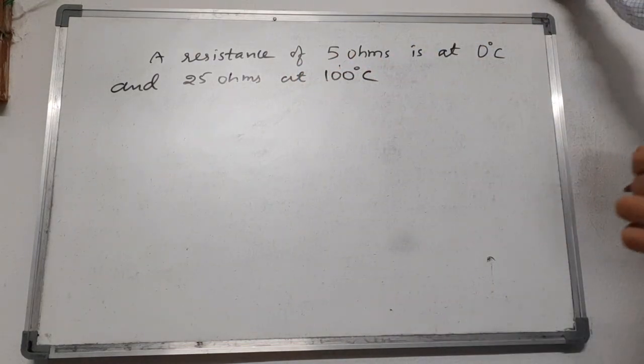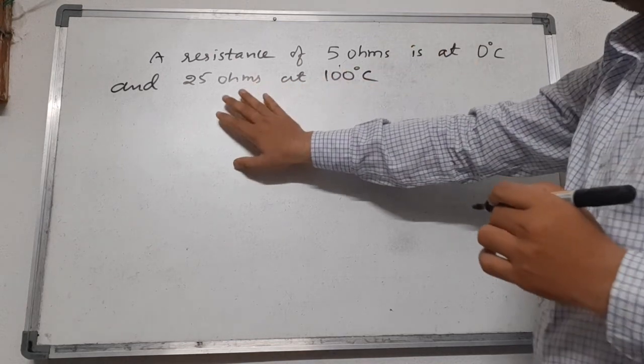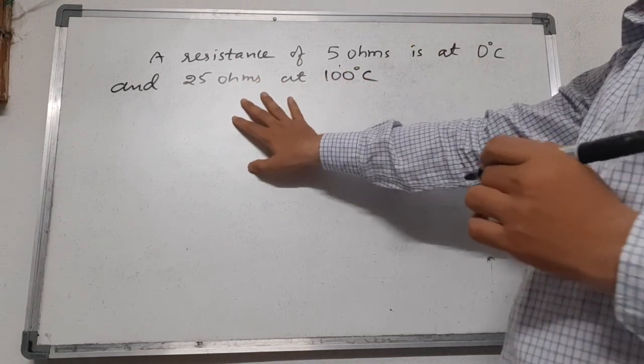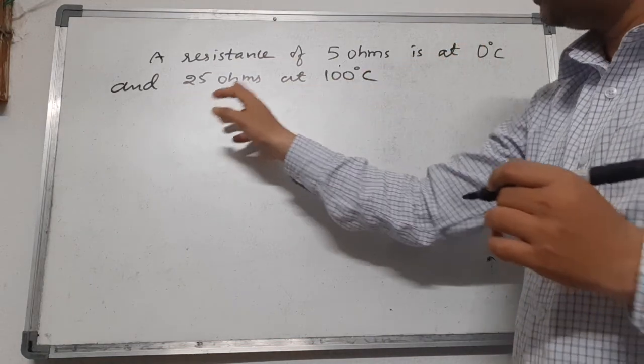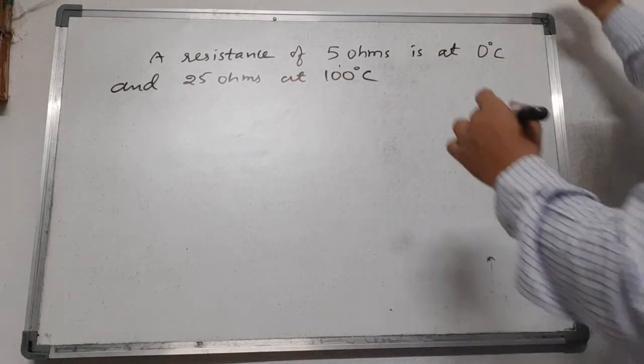A thermometer is showing this much resistance. One thermometer is there, it is showing how much resistance? A resistance of 5 ohms at 0 degrees Celsius and 25 ohms at 100 degrees Celsius.